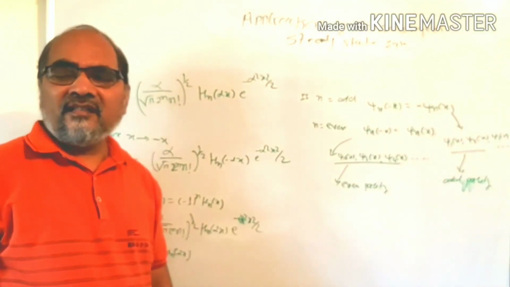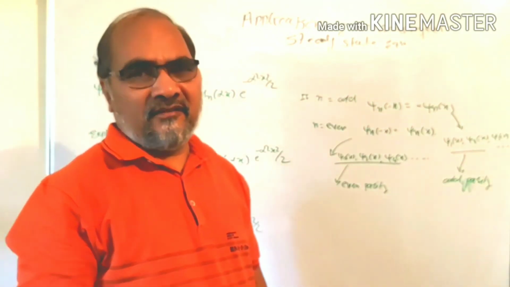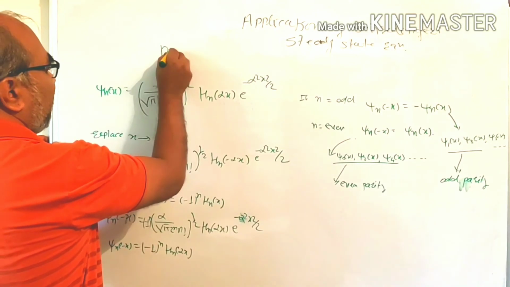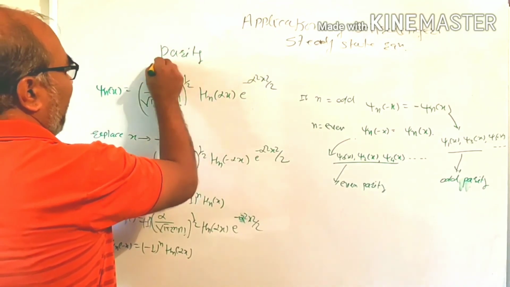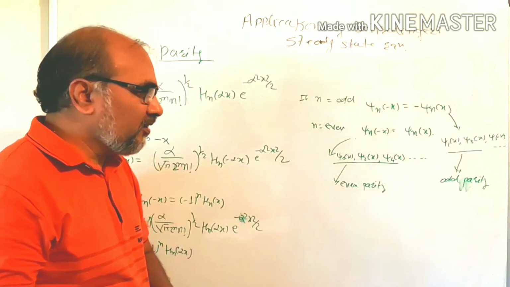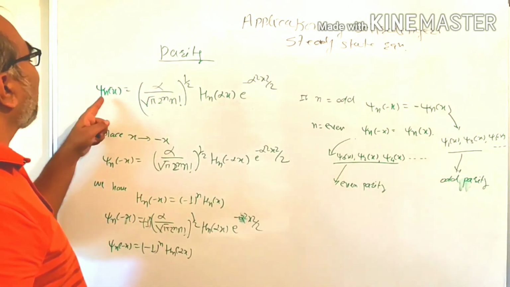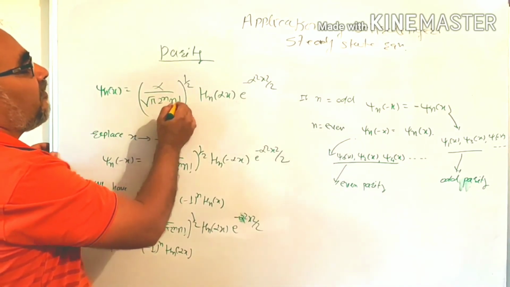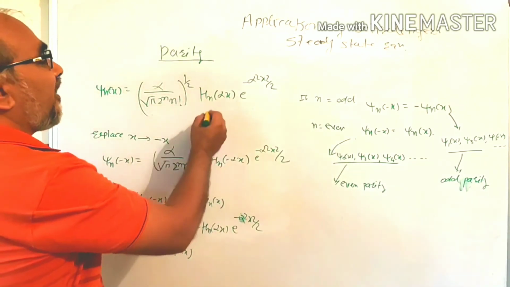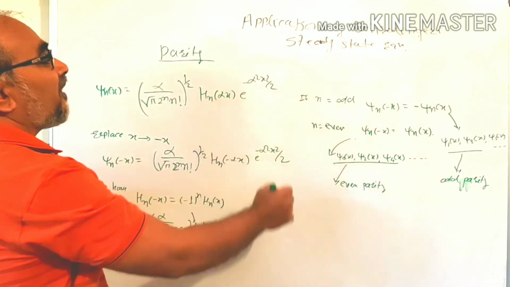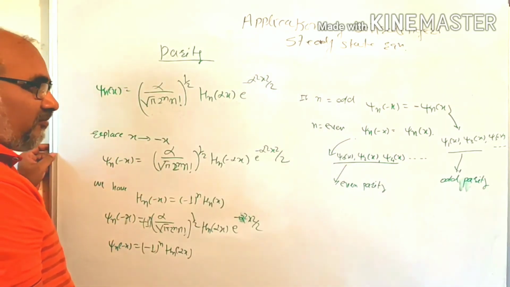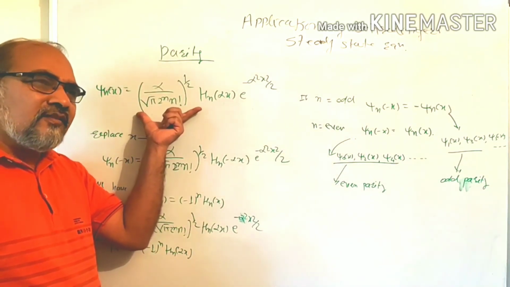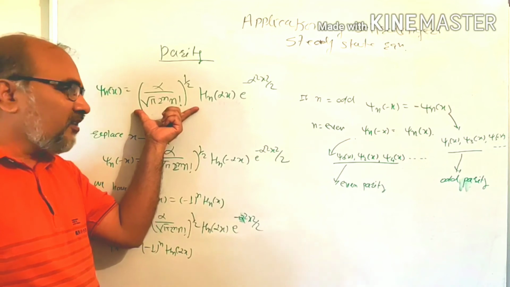Now there is one more concept, and that is parity. First we will see this concept of parity. We have known that the wave function psi of x is equal to alpha divided by root pi 2 raised to n factorial raised to 1 half, Hn of alpha x, e raised to minus alpha square x square by 2. This is the general wave function for a harmonic oscillator that we have already seen.